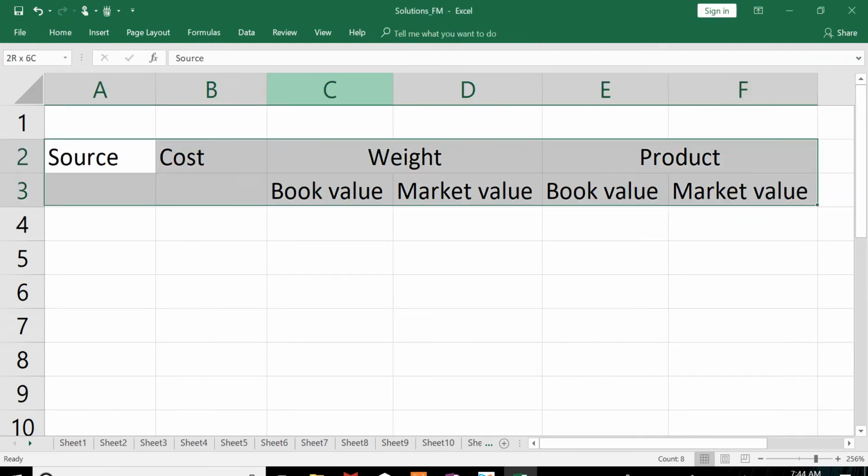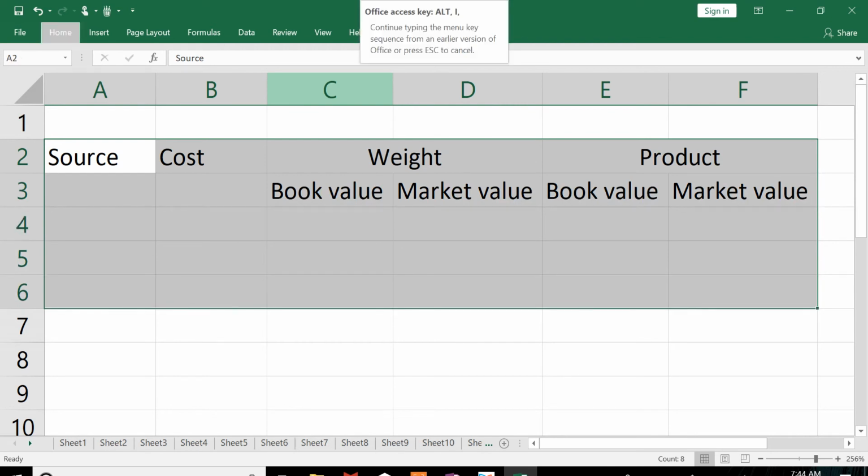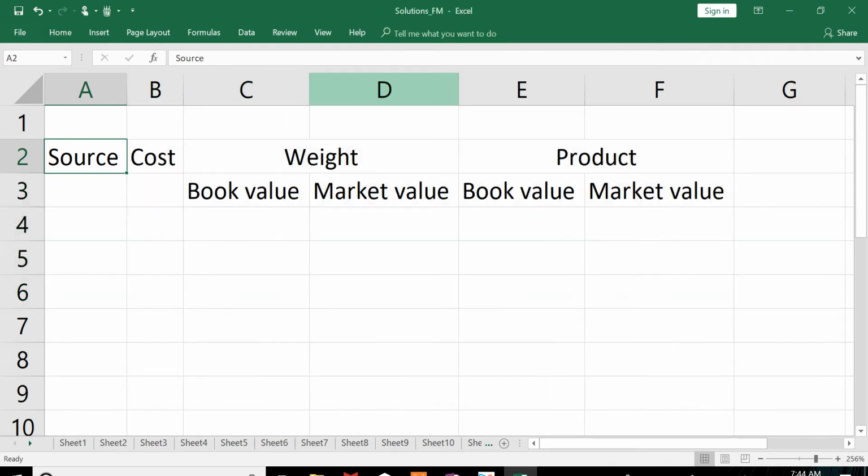So this is the format: source, cost, weight with 2 sub columns, book value and market value, and product with 2 sub columns, book value and market value. The WACC which we calculate will have 2 answers. In any problem or scenario where you have to do a weighted average, this is the format: source, cost, weight, product, or entity, cost, weight, product, whatever weighted average you want to take.